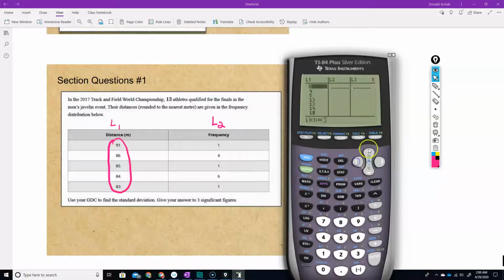All right, then I'm going to highlight 1, hit clear, enter, and it clears my list. All right, so list 1 is going to be the distances that they threw. These are pretty good javelin distances. And then over here on list 2, we're going to put their corresponding frequencies.